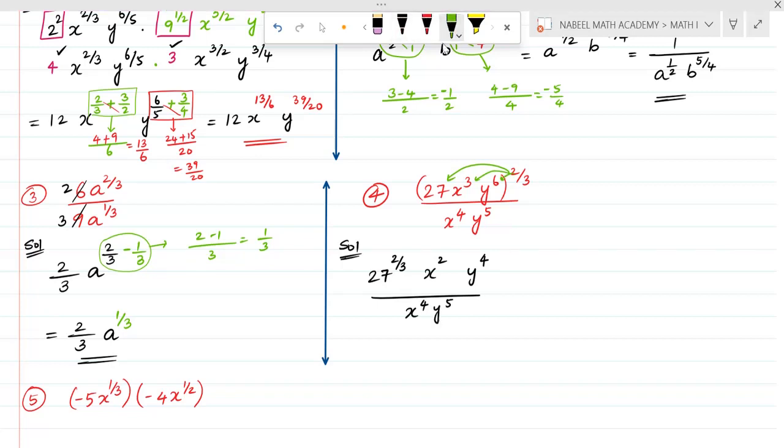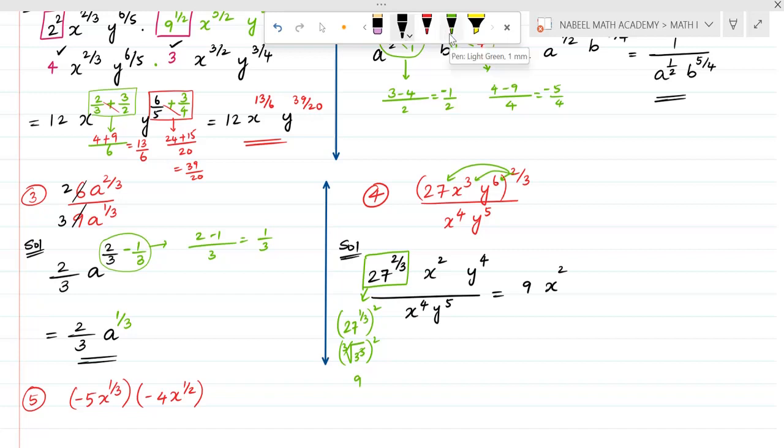Now how will you simplify this part? It is the same thing we had done before. First you have to apply the 1 over 3, and after that the square. So it is the cube root of 3 cubed, so 3 and 3 cancel. You will have 9. So this is equal to 9. So I got it here equal to 9x to the power 2.